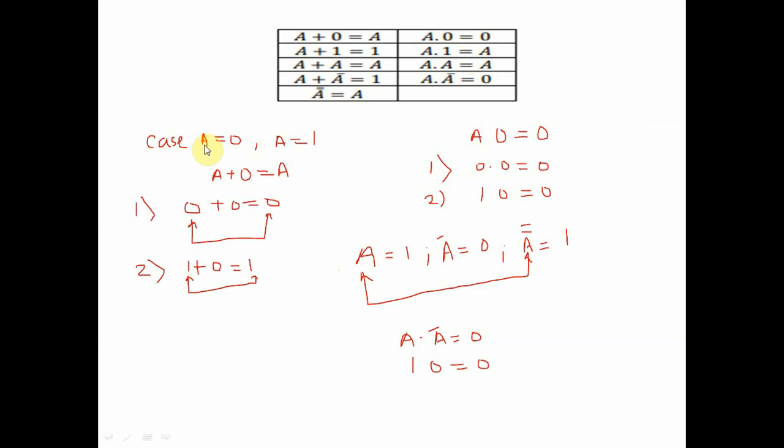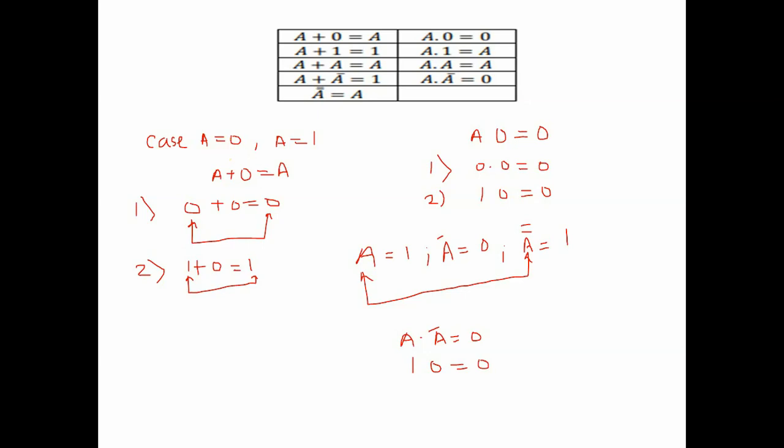There are two cases: in the first case we put A equal to 0, or if you want, A equal to 1.